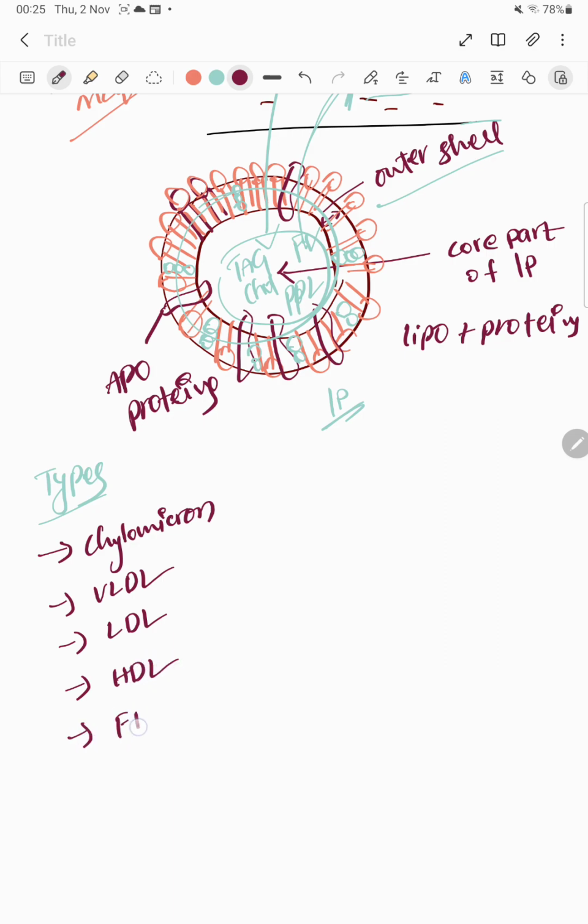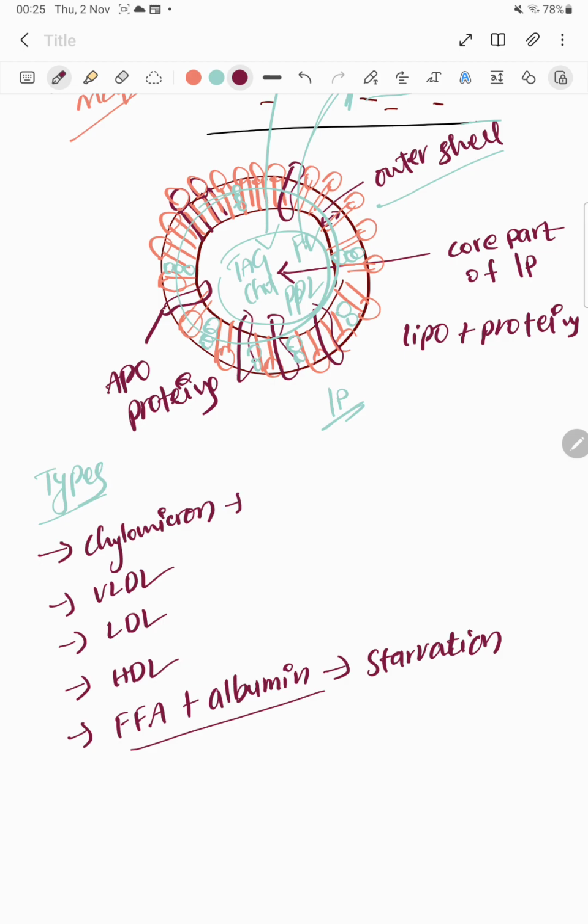The fifth one is free fatty acid plus albumin. This free fatty acid plus albumin is only present in starvation, when free fatty acids and albumin as a type of lipoprotein will be present in the blood.